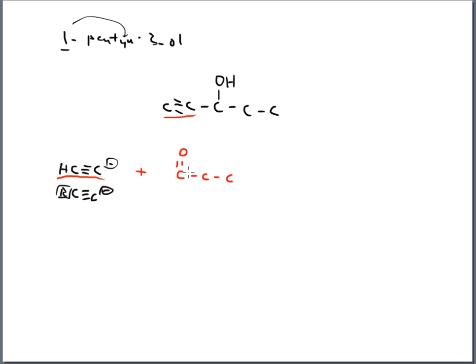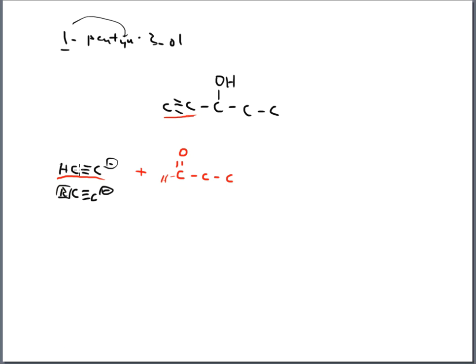Folks, those are the 2 components needed to make that product you're seeing on the screen. So I'm going to take acetylide ion and react it with an aldehyde, and that aldehyde is propanal. Propanal reacts with acetylide ion in a nucleophilic acyl addition reaction.